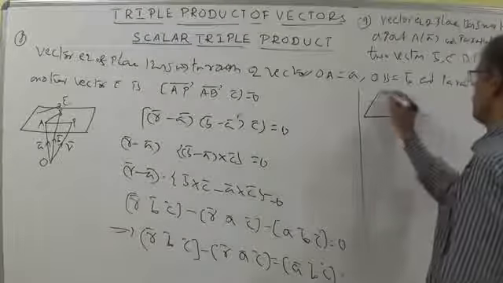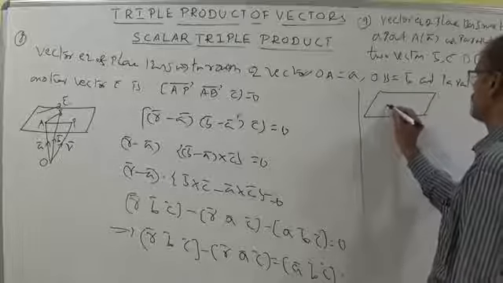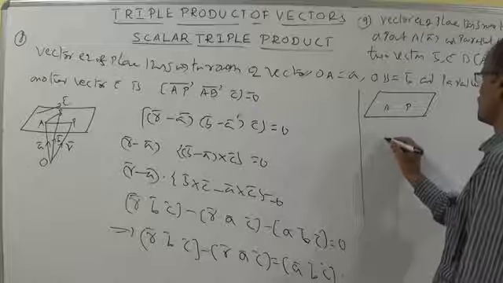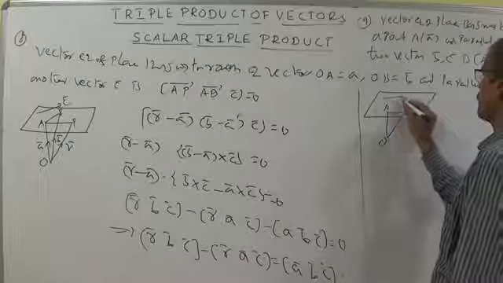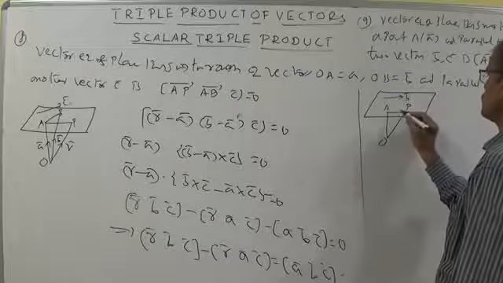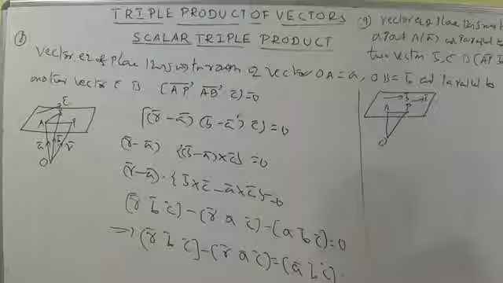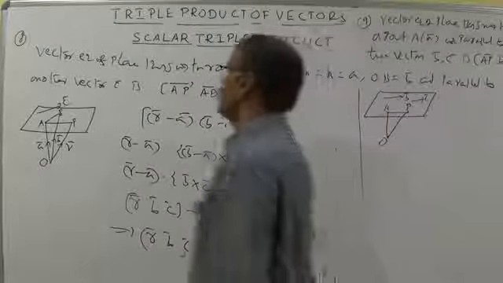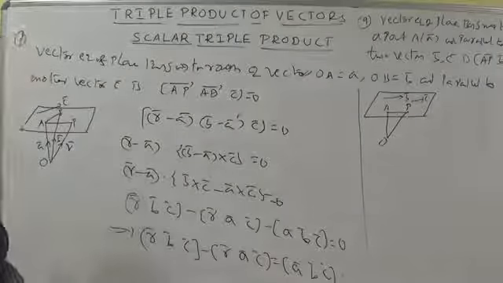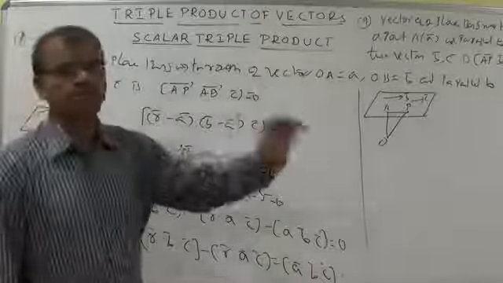Let us draw the diagram. Simply one point is there, let this point be A, this is P, this is O, OA, OP, this is AP. The plane passing through A is parallel to B, C also. Whenever the plane passes through a point and is parallel to B, C, we can say that the plane contains A, P, B, C also.